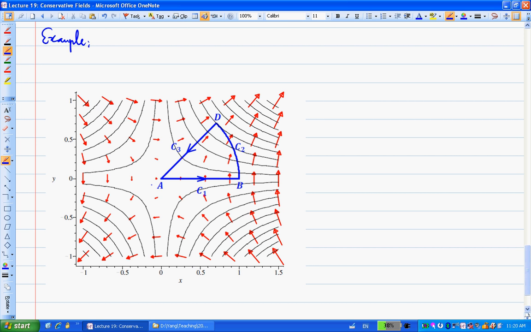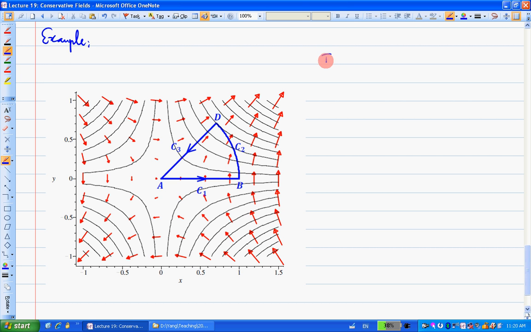In the tutorial, what happens is you calculate it separately, C1, C2, C3, by substituting the parametric equation, this general approach, right? Now what we're going to try is to see if we can use this fundamental theorem of calculus to do this one here.